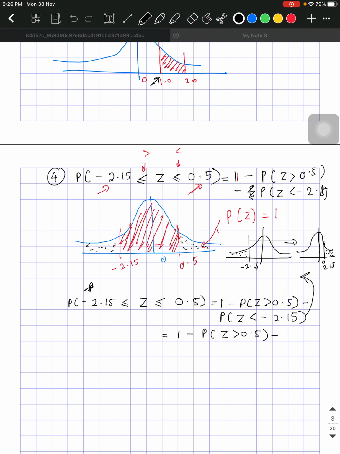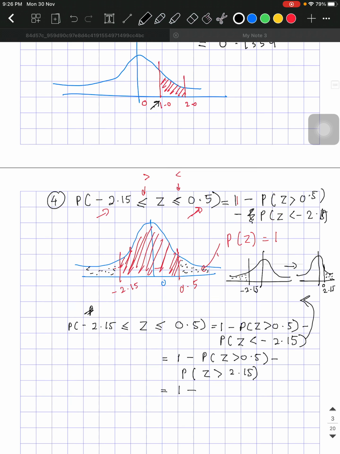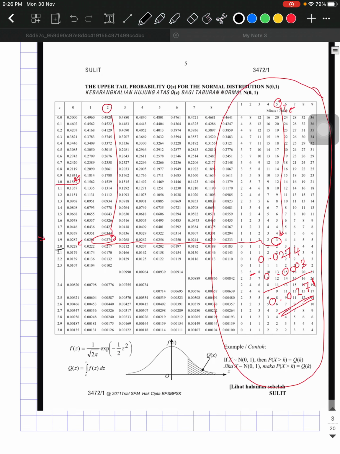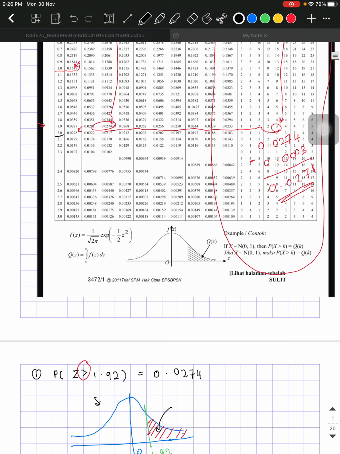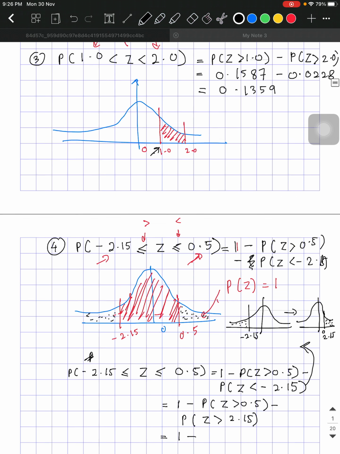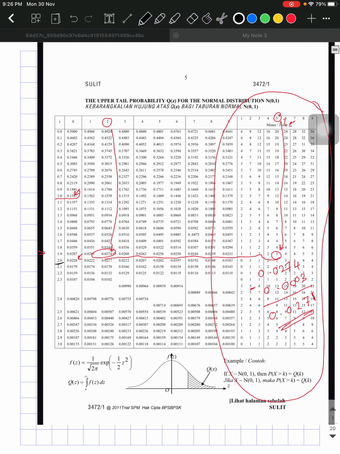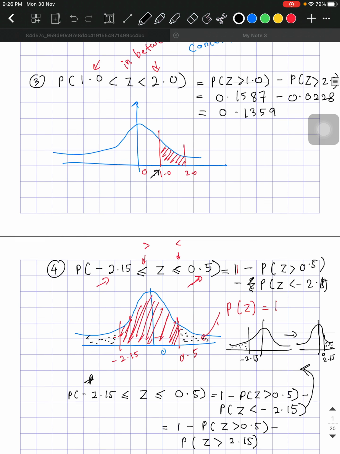So I can write it down like this: P(Z > 2.15) equal to 1 minus 0.5. For 0.5, we need to find the value from the normal distribution table. What is it? 0.5. Okay, here is 0.5, and this is the answer, 0.3085.